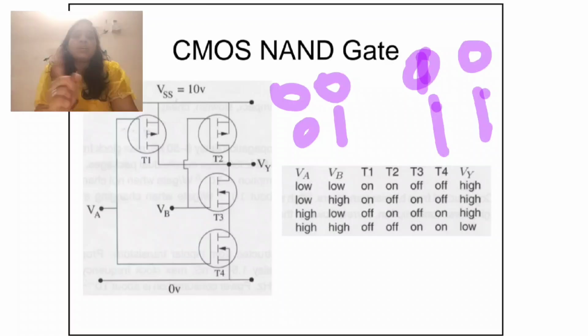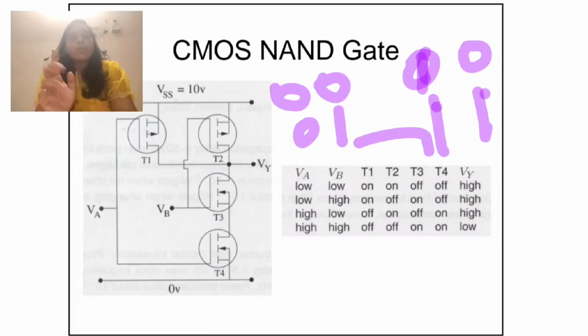Terminal 1 and 3 are on position, 2 and 4 are off position. At that time the last voltage, voltage Y, will be high voltage, so I can supply high voltage.